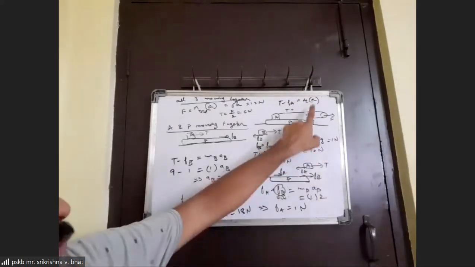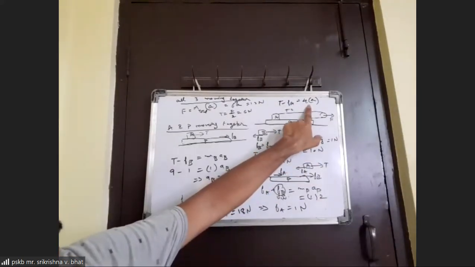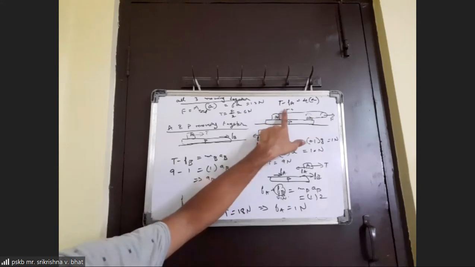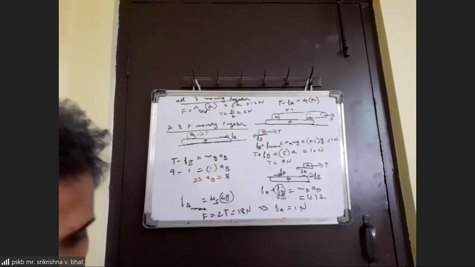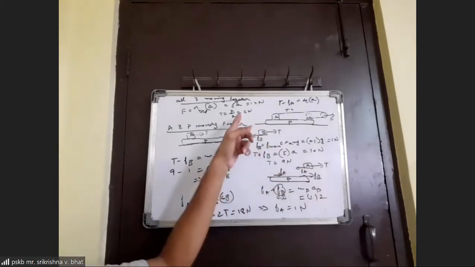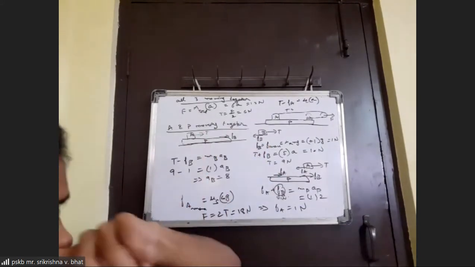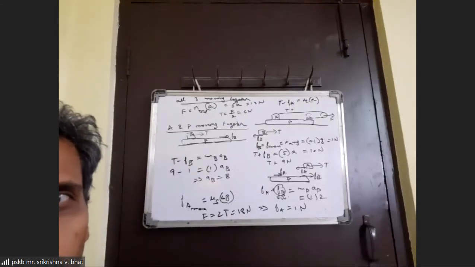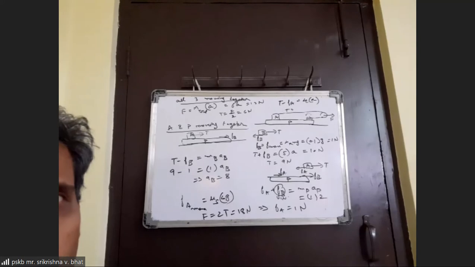If you do 4 into a, you will get 8 because acceleration is 2. So that means the tension force should definitely be more than 8 newtons. It can't be less than 8 newtons. But what we are seeing here is that we are getting tension to be 6 newtons. So it is not possible for a 6 Newton force to cause an acceleration of 2 meters per second square for a 4 kg block.